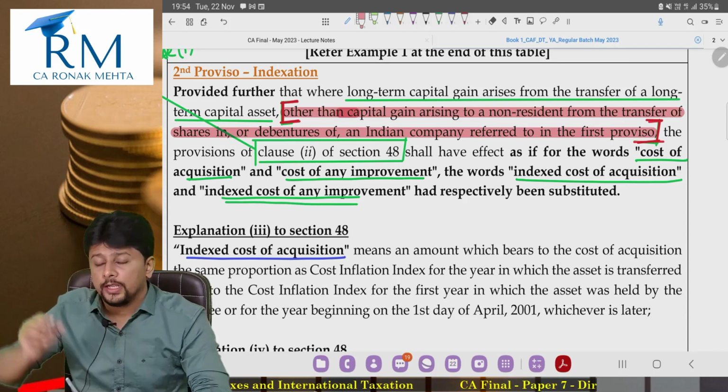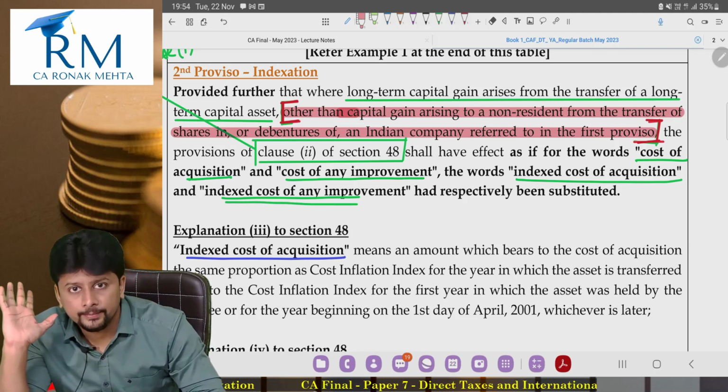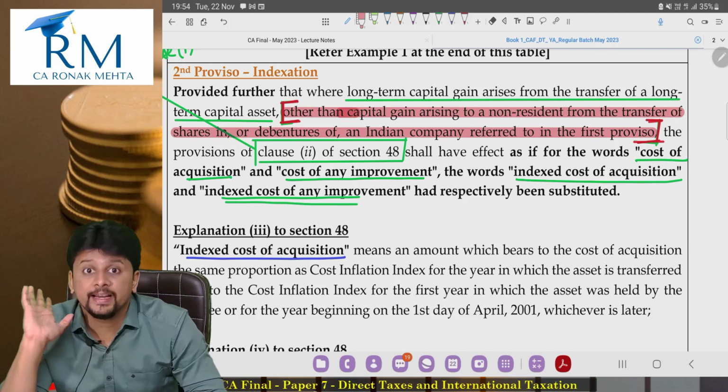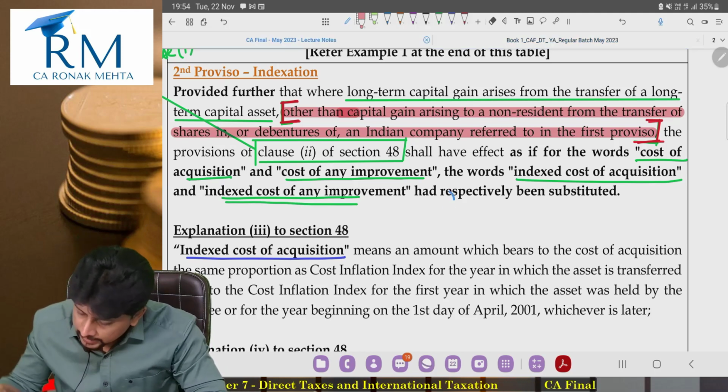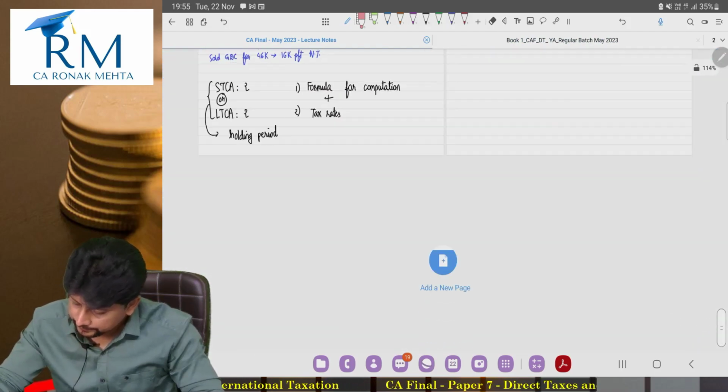So if the first proviso applies, the second proviso does not apply. What is the second proviso? Indexation. Chalo, let's write down these small but important things.